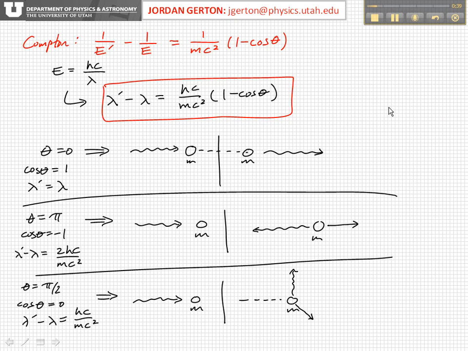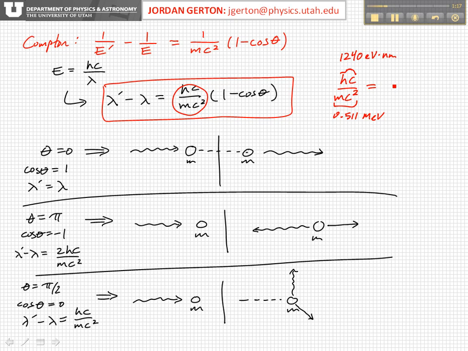Okay, before we move on, let me just give you an idea of the magnitude of this effect. If you calculate this factor here, hc over mc squared for an electron, mc squared is the rest energy of an electron, which is 0.511 MeV, and hc, Planck's constant times the speed of light, can be put in the form 1240 eV times nanometers.